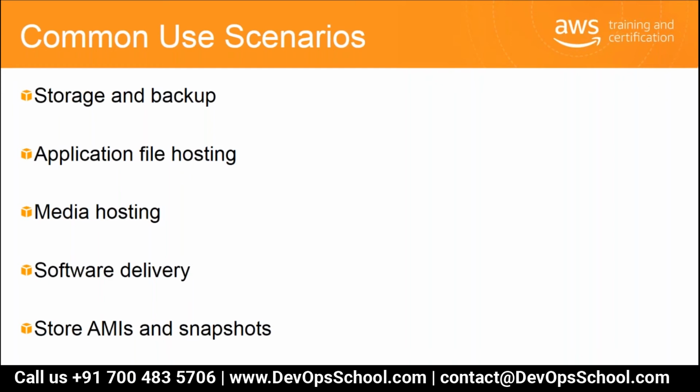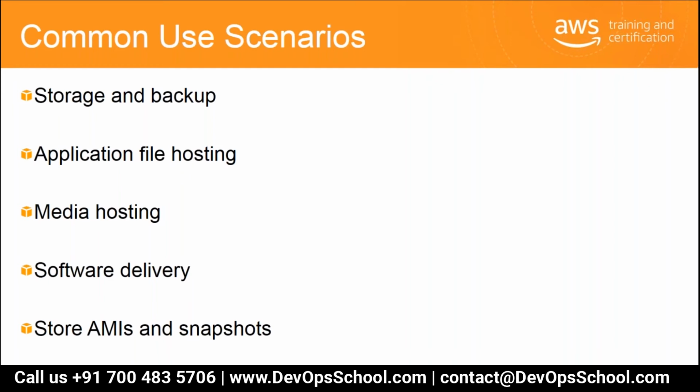It can also be used for hosting media. You may have images, audio, video clips. You can store them in S3 and render them using your applications to any part of the globe. You can also use it as a software delivery mechanism where you build your software and host it on S3, and your users can simply download it from there.